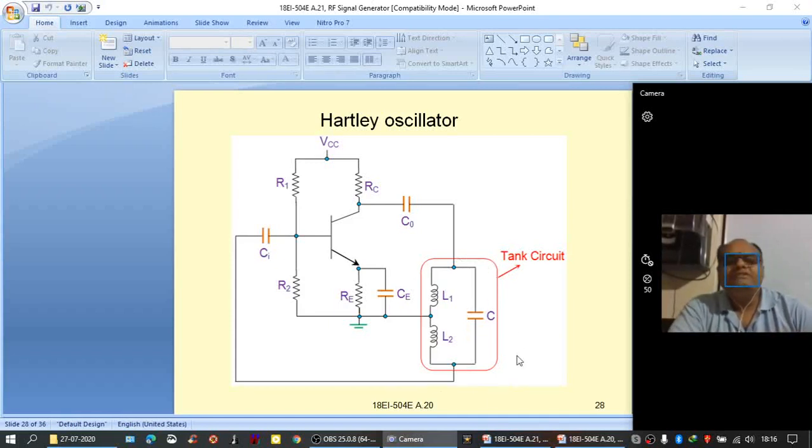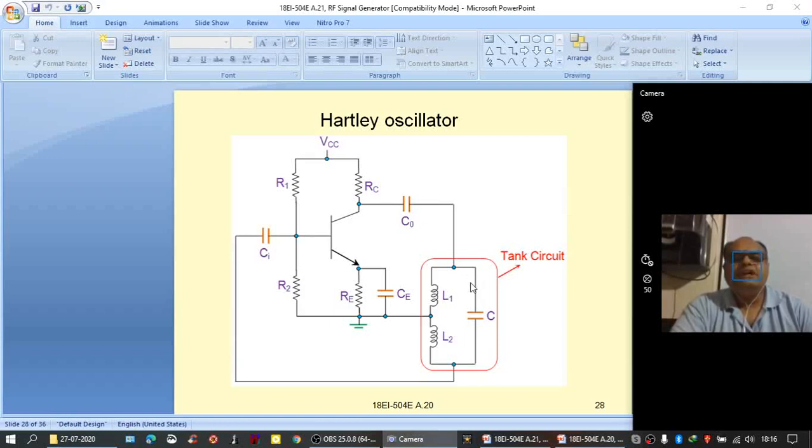Only that frequency signal, initially it will be of very small amplitude, and a part of that small amplitude signal is given as AC input to the amplifier. What happens? That very low amplitude AC signal is amplified and is given as input to the tank circuit.